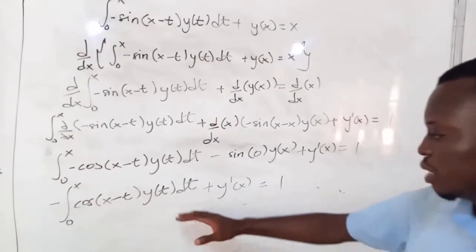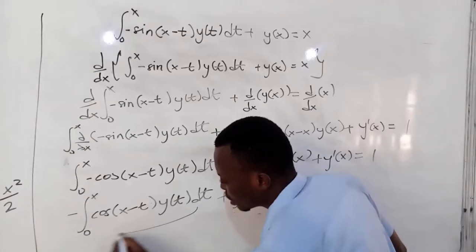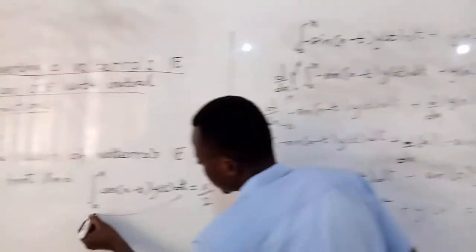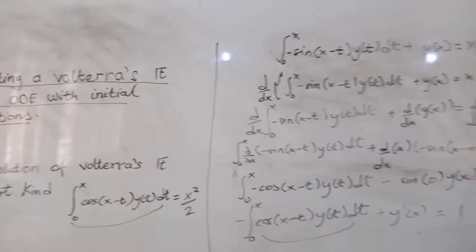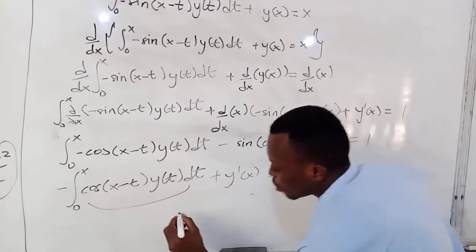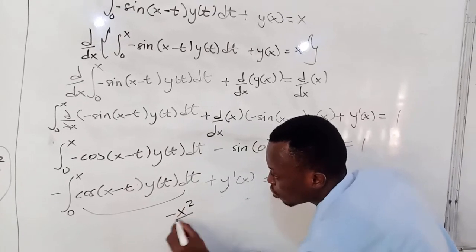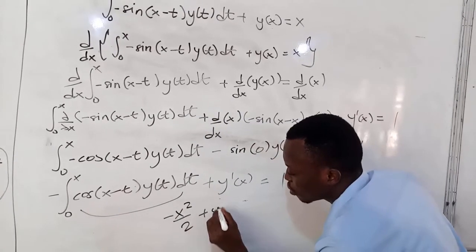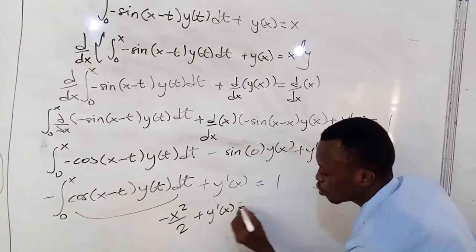You can easily see that this equation is the same as this equation here. So we now substitute this into this equation. So we are going to have minus s squared divided by 2 plus y prime of s equal to 1.